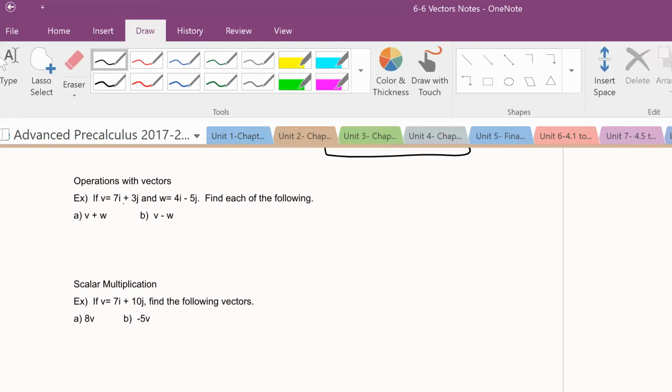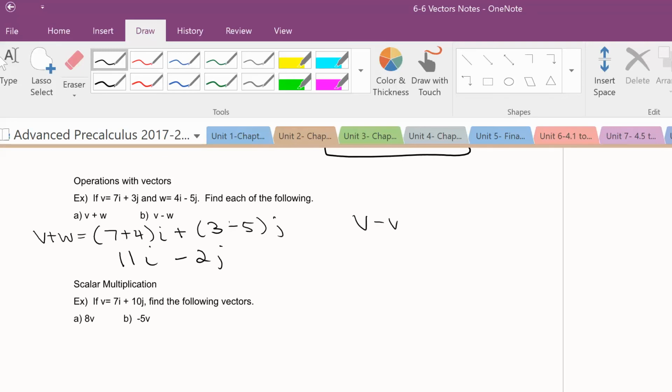So if I have a vector v that's 7i plus 3j and a vector w that's 4i minus 5j, if I add them, I add the a's together. So 7 plus 4 i plus I add the j terms, 3 minus 5 j. So it's going to be 11i minus 2j.